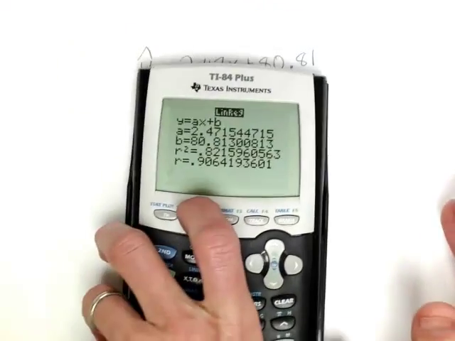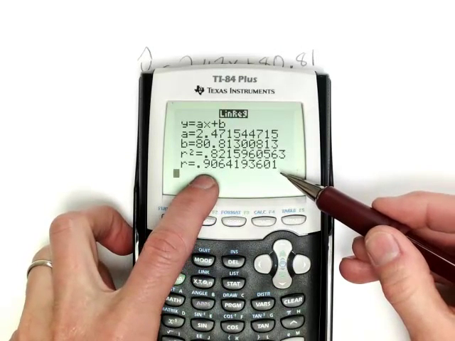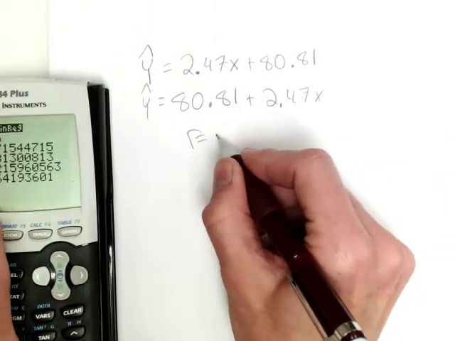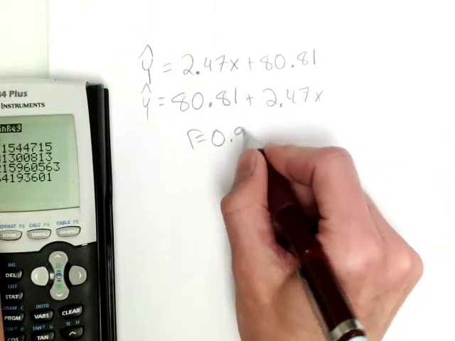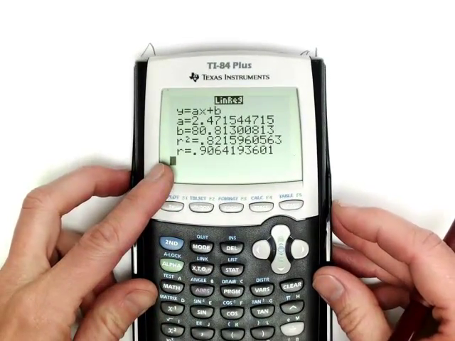Looking at our output, I have a correlation coefficient of about 0.906.